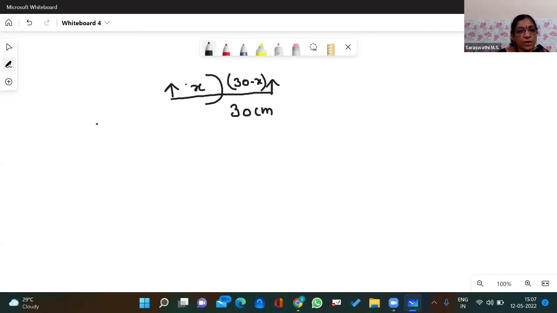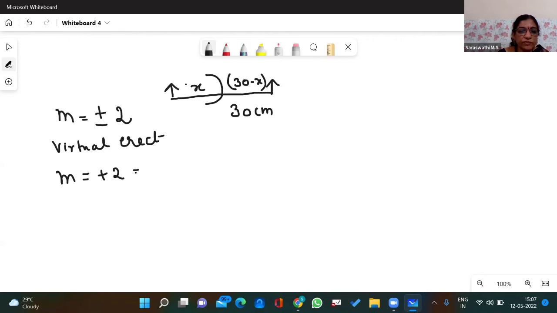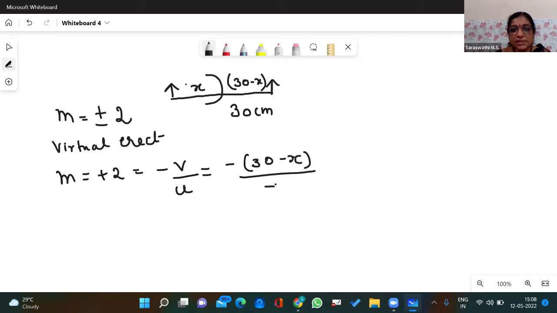So let us substitute. Two types of magnification are possible here also, plus and minus. If it is virtual erect, magnification will be +2, which is equal to minus V by U. V will be minus 30 minus x, by U, which is minus x, right?